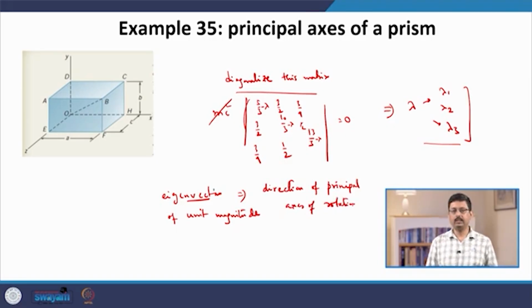Now, for this diagonalization there are standard ways nowadays, which you learn in your mathematical methods course or in some computational analysis course. So, I ask you to complete this calculation and find the eigenvalues and eigenvectors; the eigenvectors will represent the eigen directions, and those will give you the direction of the principal axis.